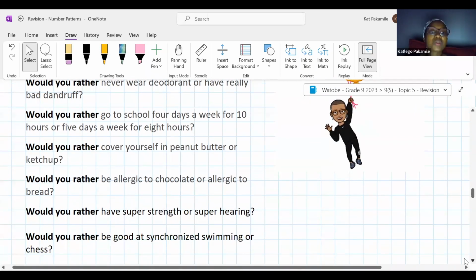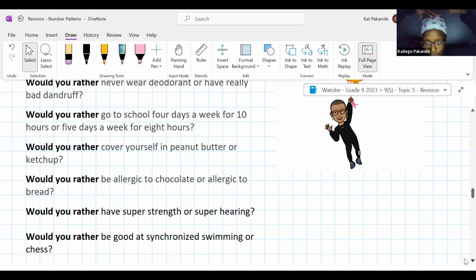And then would you rather be good at synchronized swimming or chess? Not just swimming, synchronized. As in, you wear those costumes with a flowered cap. My question is, where would you ever use your skill of synchronized swimming? You wouldn't. But you're having fun.